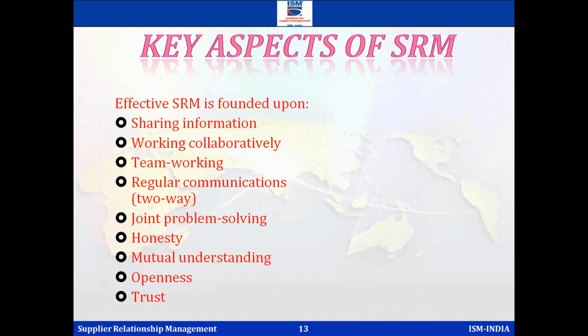Whatever plans I make, they know in real time. Then joint problem solving: if I have a problem or my supplier has a problem, we work together to solve it. Honesty is the key thing, and it brings trust and mutual understanding. You understand each other, are open in thoughts, and lastly, again, the trust. All this put together makes SRM succeed.